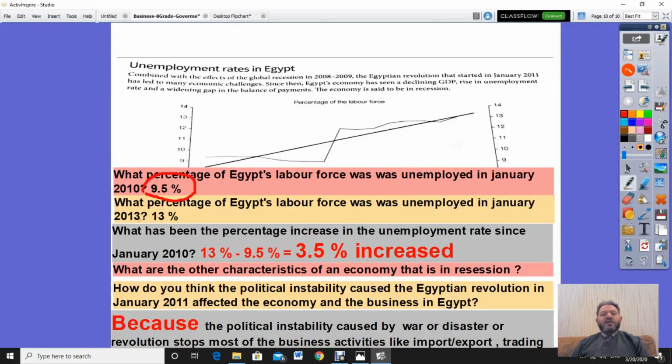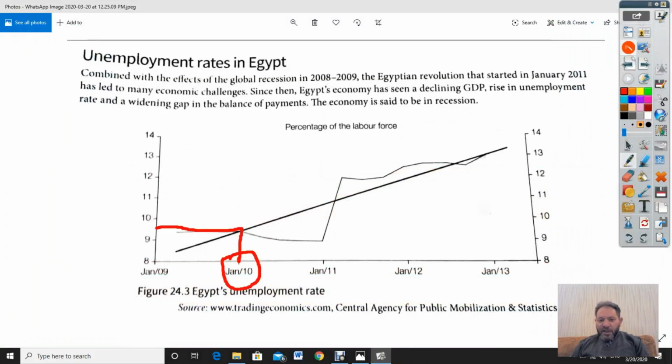The second question, what percentage of Egypt's labor force was unemployed in January 2013? Let's get back again. This is January 2013. Let's take a straight line like that. I am not good at drawing, actually. You will find it will reach 13 percent.